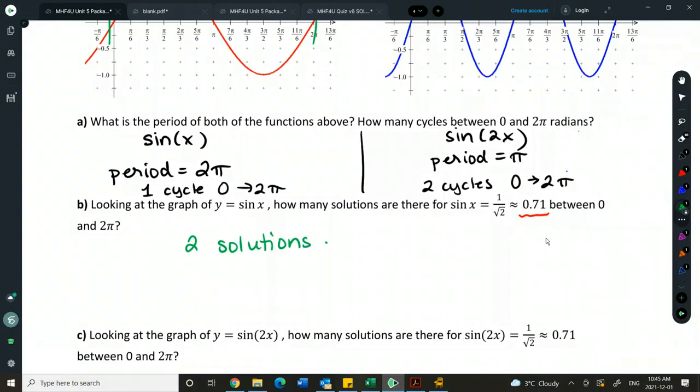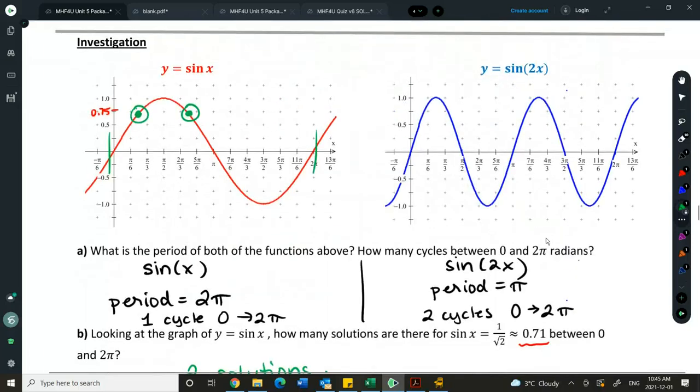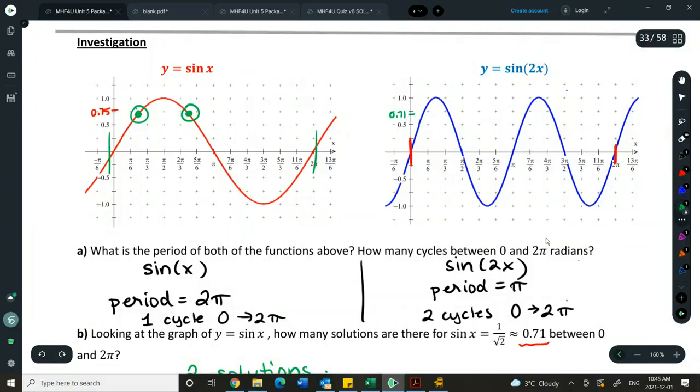How many are there in between 0 and 2 pi for the graph of sine of 2x? Let's take a look. In between here and here, how many times do I hit that 0.71 value? I hit it once here, once here, once here, and once here. I hit it 4 times.